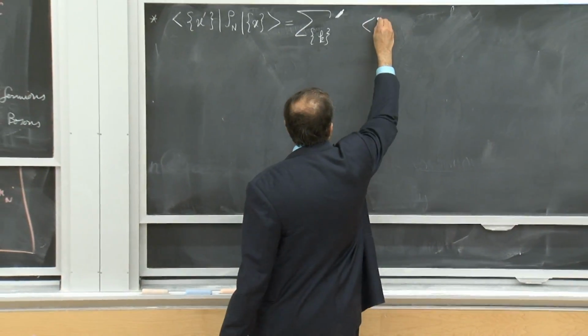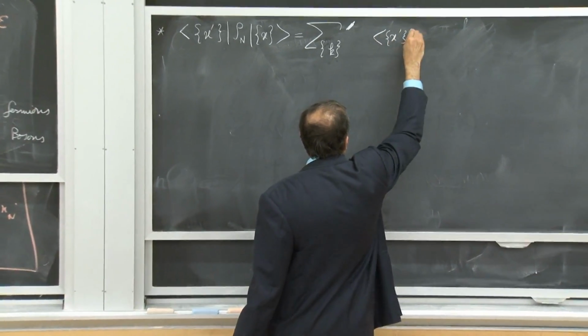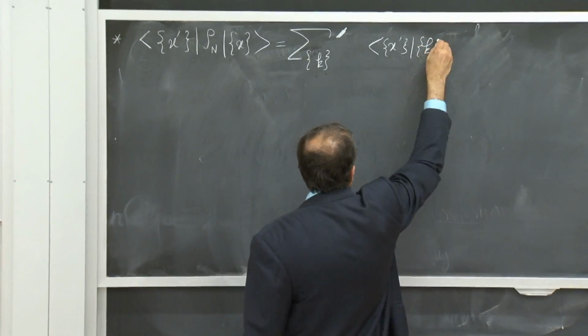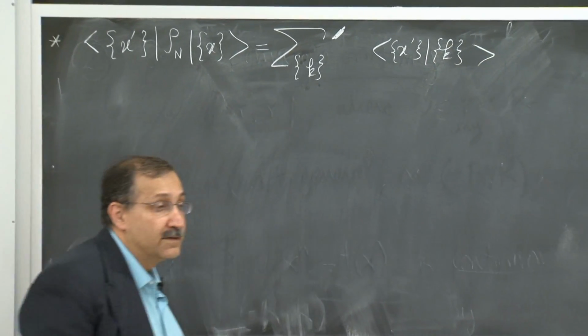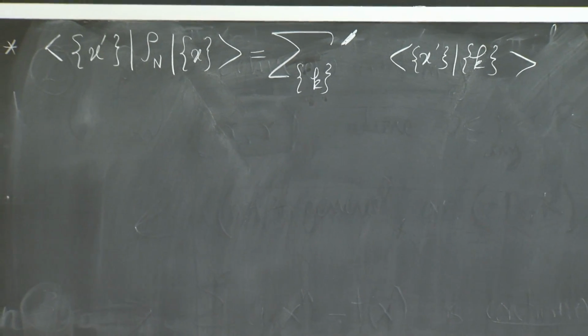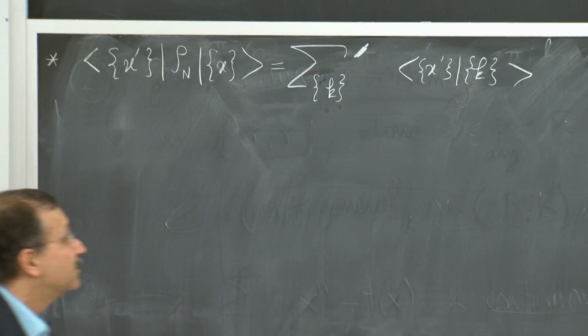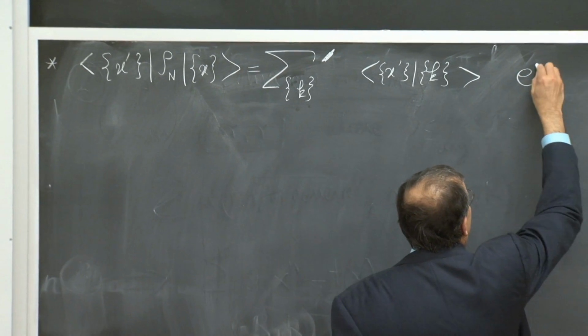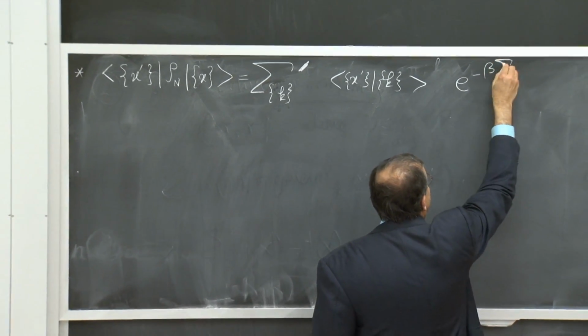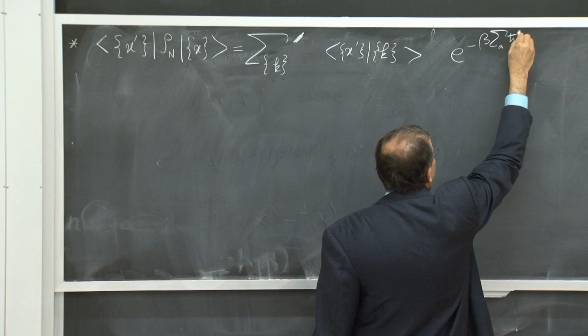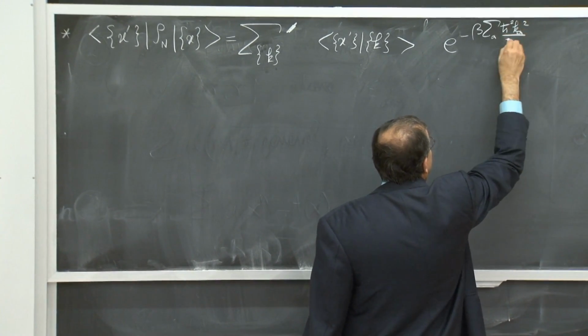Then I go from x prime to k. Now, the density matrix in the k basis, I know. It is simply e to the minus beta times the energy, which is the sum over alpha of h bar squared k alpha squared over 2m.